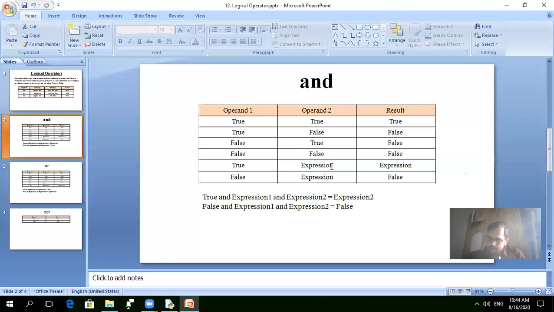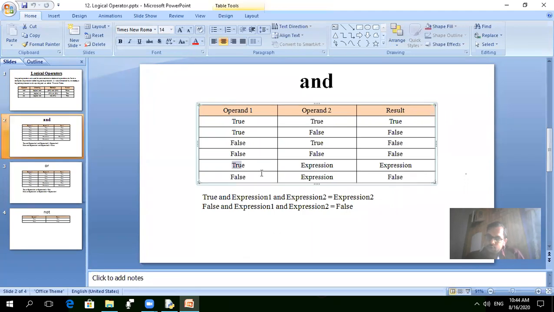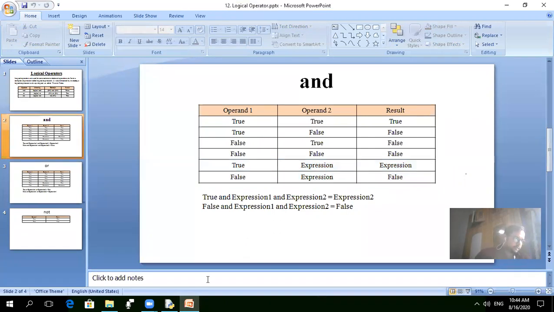True and expression, result is expression. False and expression, result is false. What is the meaning of these two lines? Now understand these two lines. This is given in your book. If you have your book in your hand, please open it.